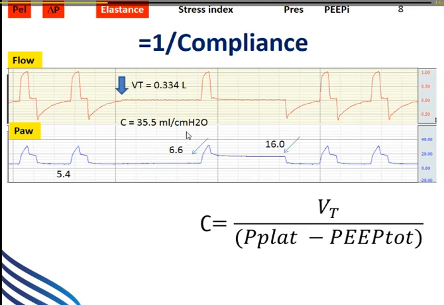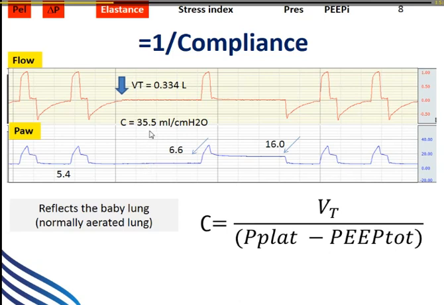And why is it important to measure the compliance? It is because, as previously found by Luciano Gattinoni by using the CT scan, it is a reflection of the baby lung, of the normally aerated lung. And in a case like this, moving the compliance from 100 to almost 36 means that you have lost something like 60% of aerated lung.